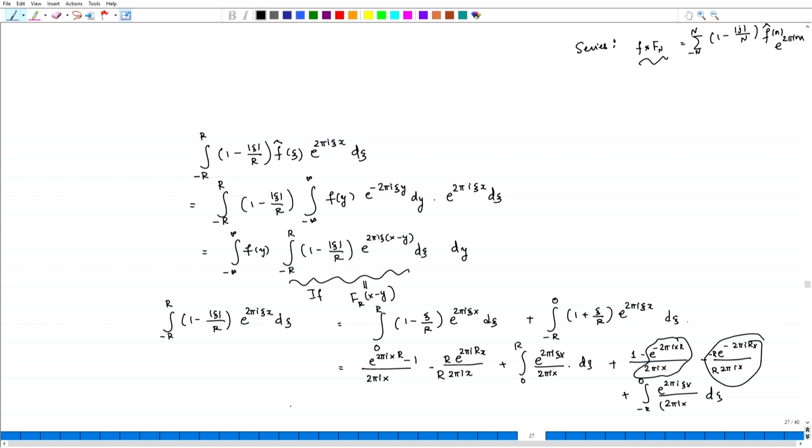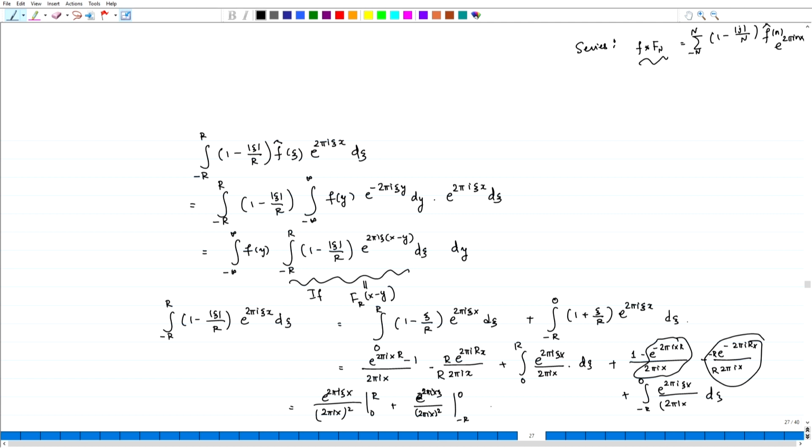This is going to be e to the power 2 pi i xi x divided by 2 pi i x square, from 0 to r, and then this one is plus e to the power 2 pi i x xi divided by 2 pi i x square, from minus r to 0.